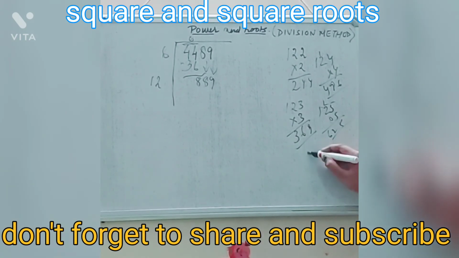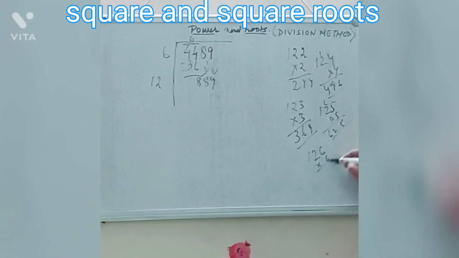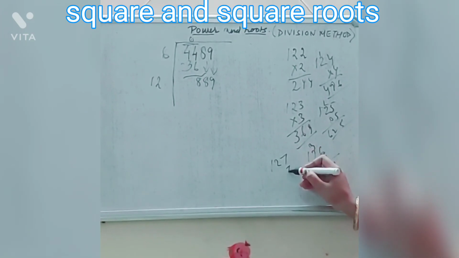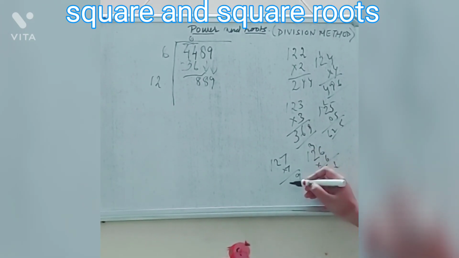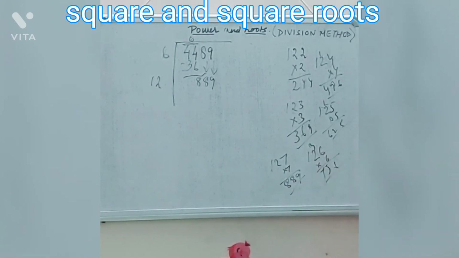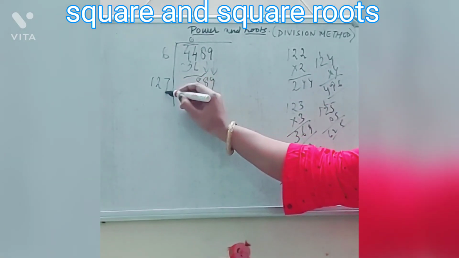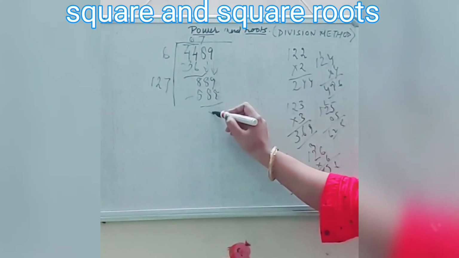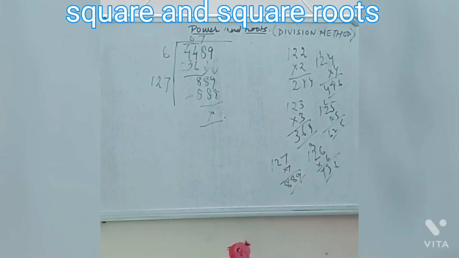Still scope. 126 into 6, 756. And 127 into 7, that is 889. So we got our number 889. So the square root of 4489 is 67. This is how we do the division method of square root.